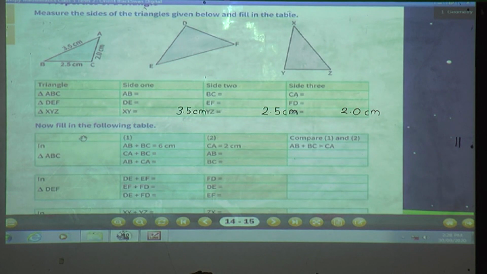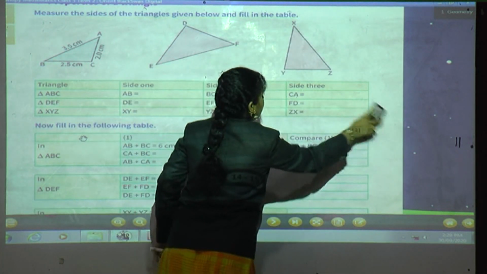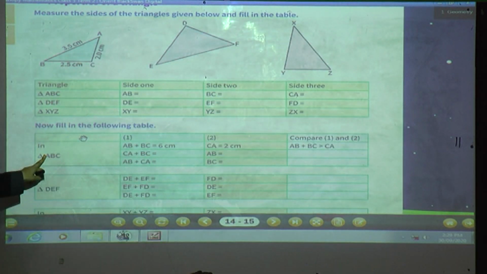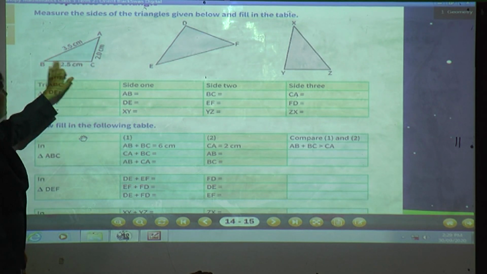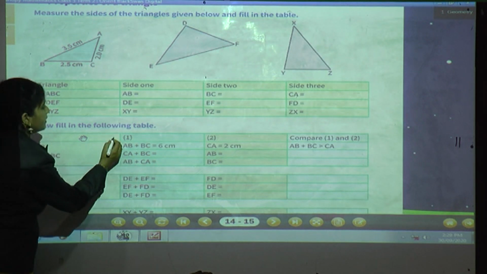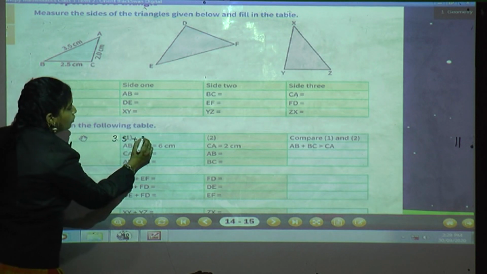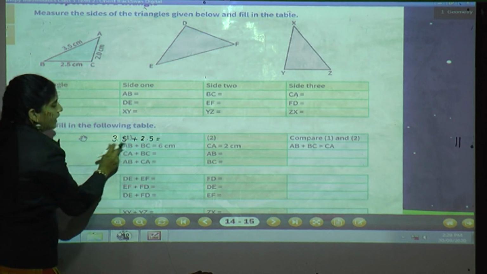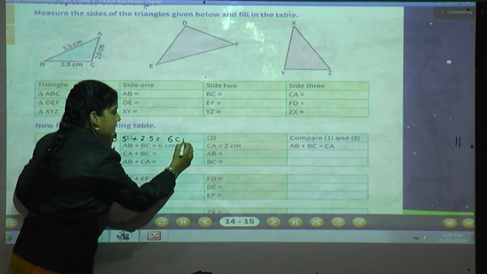Here, in triangle ABC, see, AB plus BC is equal to 6 centimeter. AB is 3.5 centimeter and BC is 2.5 centimeter. So the addition of these two sides is equal to 6 centimeter.